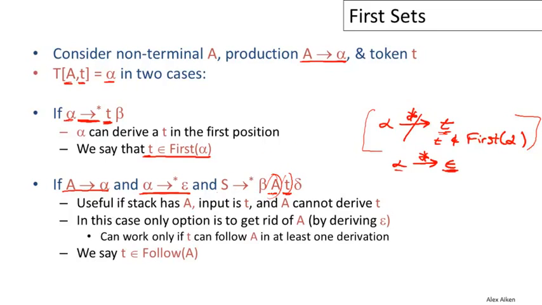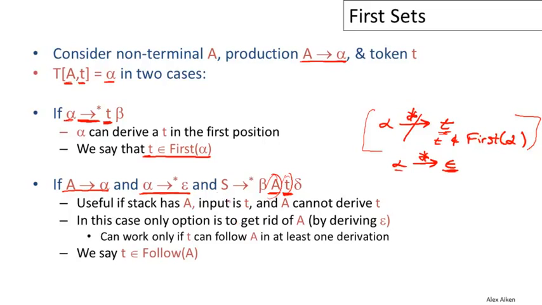In this situation, if we could get rid of the A by having it go to epsilon, then we would still be on track, because potentially some other piece of the grammar could come in and match the T.